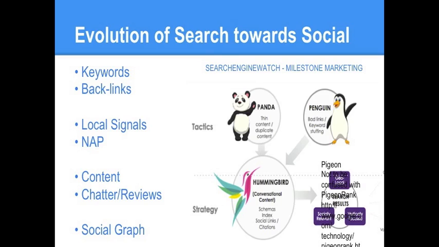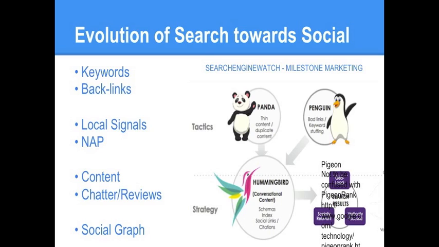And as Google saw that people were gaming their system, the Penguin update came along, which heavily penalized websites for doing what they call keyword stuffing and having bad links. People were creating farms of websites to send links to try and make it look like their website had authority. Google caught on to that pretty quick, and that was a huge shift.